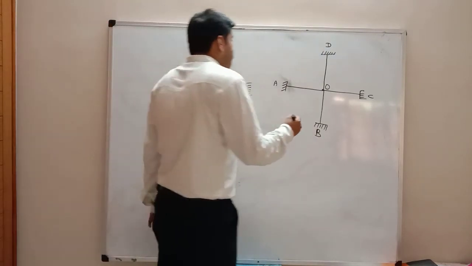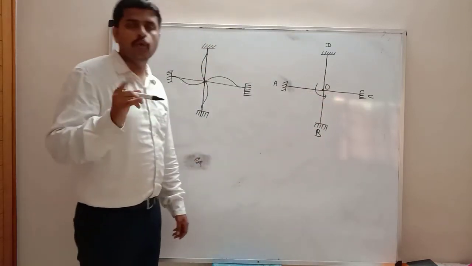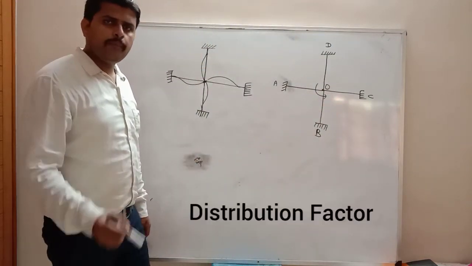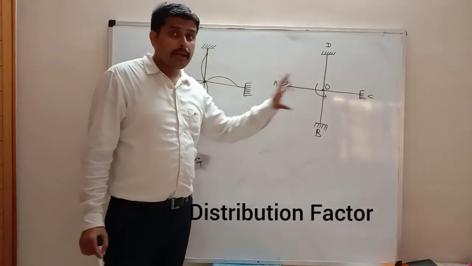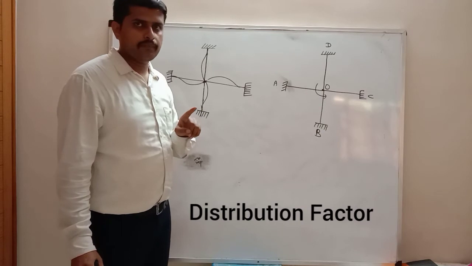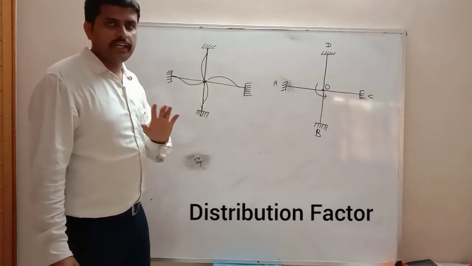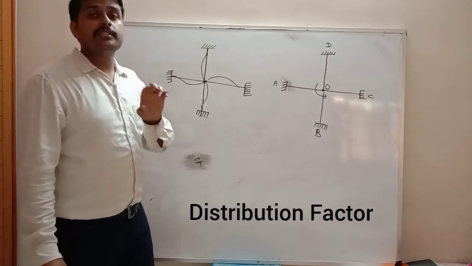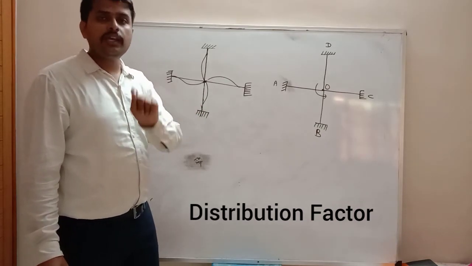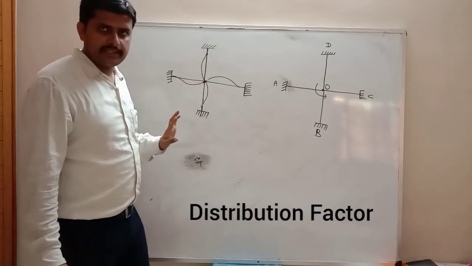If I applied moment at joint O, what will happen? All the four members will try to resist that moment. That is, all the members will rotate depend upon stiffness of each member. So it will rotate like this.